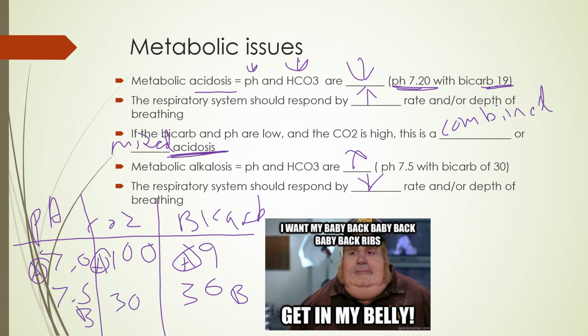So normal CO2 is 35 to 45, so this is also basic. Uh-oh. What type of blood gas do we have now? Where all three of these are basic, right? Where all three of these are basic, it's a combined or mixed alkalosis in this situation.